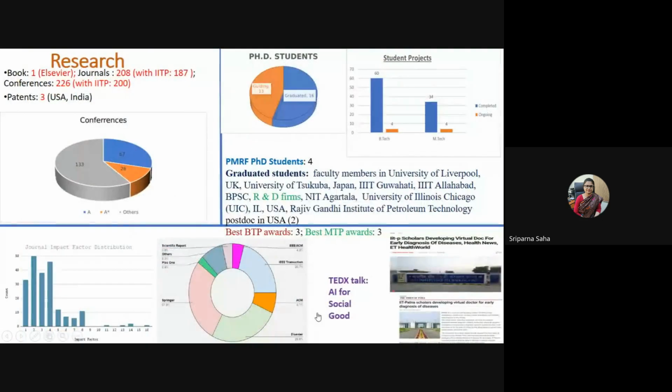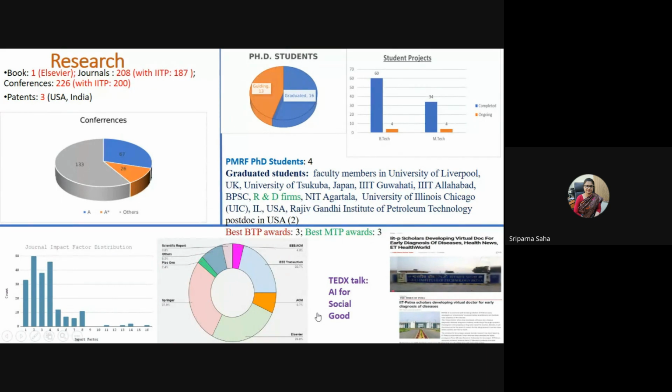At IIT Patna, there is a research team with almost 12 PhD students, and we are regularly publishing papers in top tier conferences and journals.